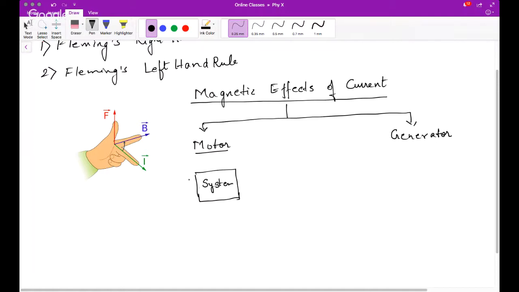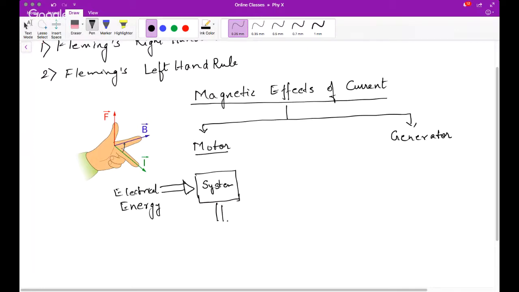So what happens in this system is we supply energy, and precisely here electrical energy, and some amount of energy is lost in the environment in this process, and some amount of energy gets converted or is used as work.